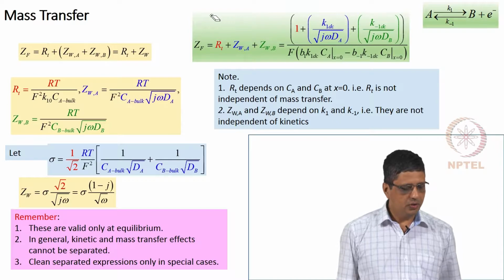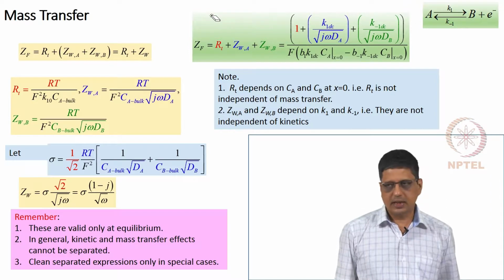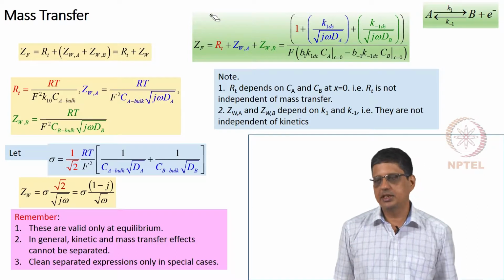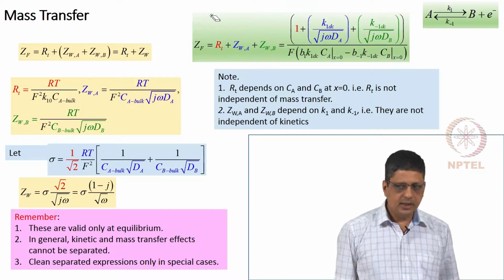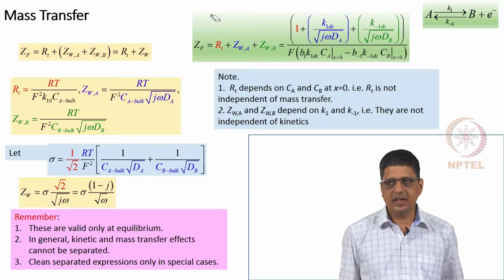So, we saw that you can write the Faradaic impedance in 3 different terms. One corresponds to charge transfer resistance, another corresponds to Warburg impedance for species A, another for species B, and under certain conditions, if we say DC potential is 0, you can simplify this and split it into these 3 components such that the charge transfer resistance does not have any diffusion term and the diffusion resistance does not have any kinetic term.